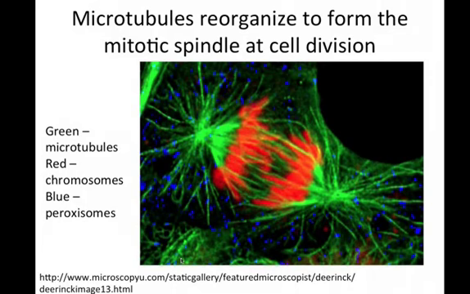So you've got your centrosome duplication, and then you form the mitotic spindle, and that's going to bind to your chromosomes, line them up, and then through disassembly of your microtubules, segregate your chromosomes into what will become the two daughter cells. And here it's a little different. Your green is still your microtubules, and here the chromosomes are labeled in red. And they've chosen to label the peroxisome blue.